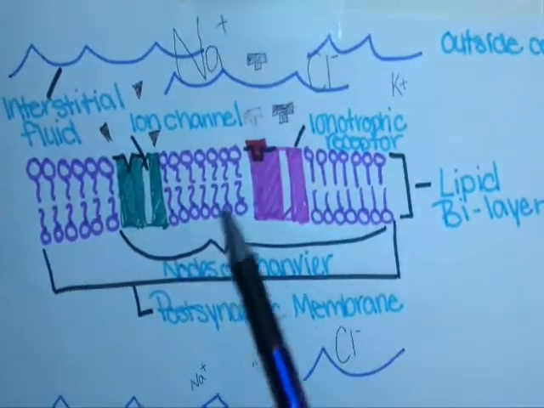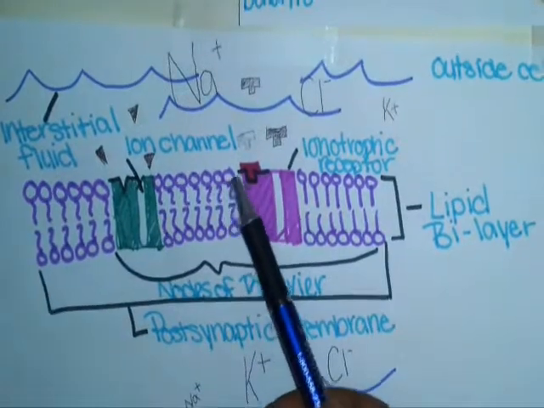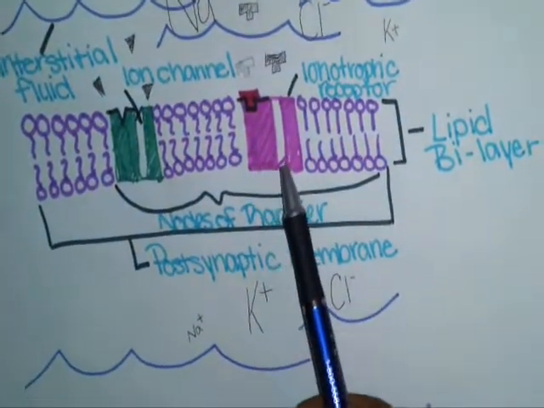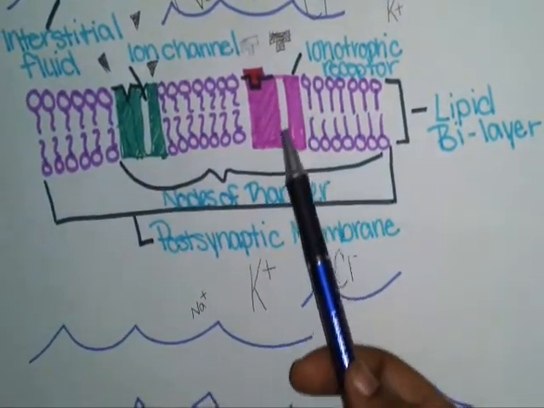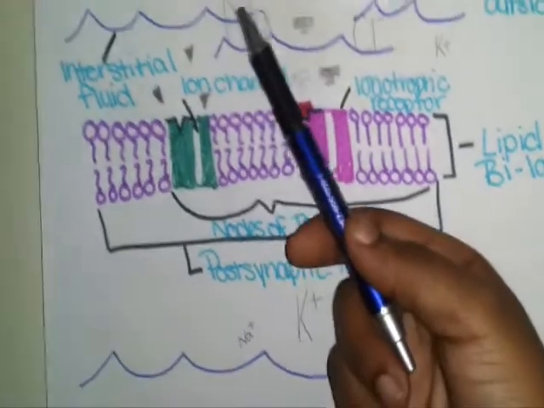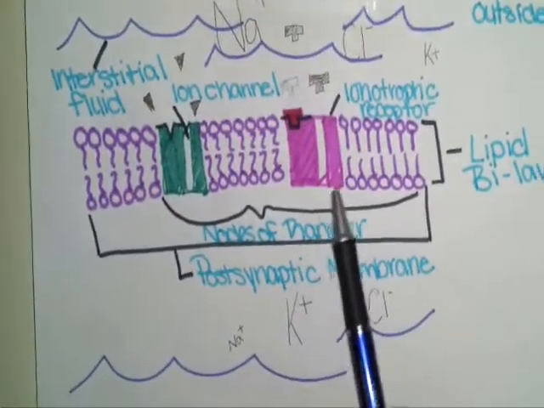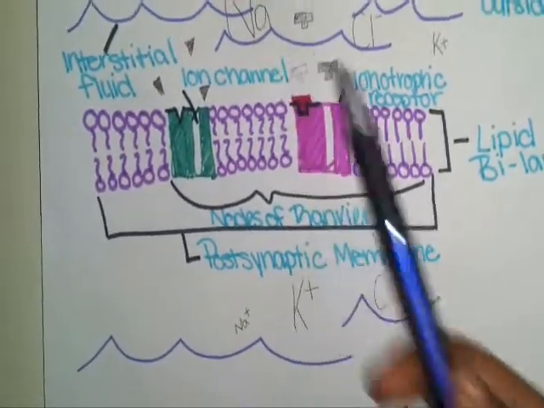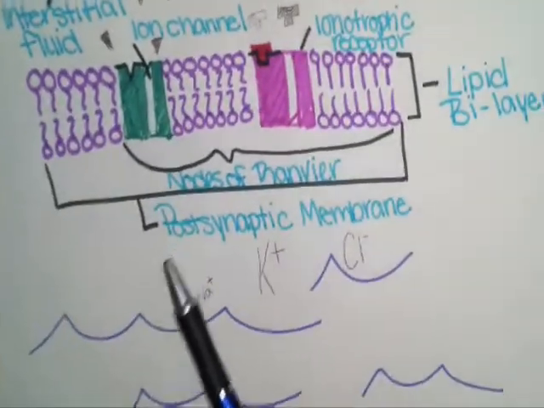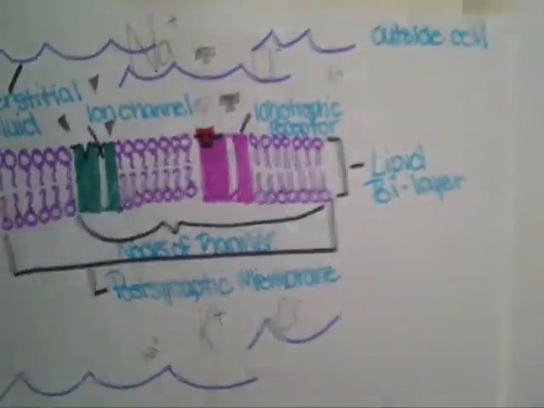When a neurotransmitter binds to a receptor, the ion channel opens, allowing, for example, sodium to freely flow from high concentration to low concentration inside the cell.